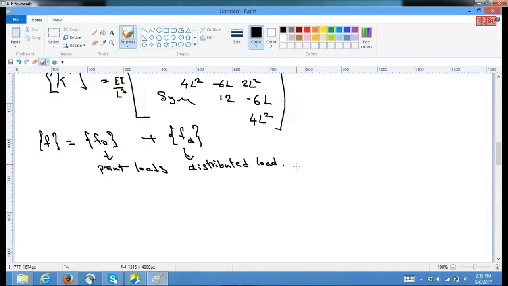Okay, so the easiest way to estimate F of D, the distributed load, is N transpose.